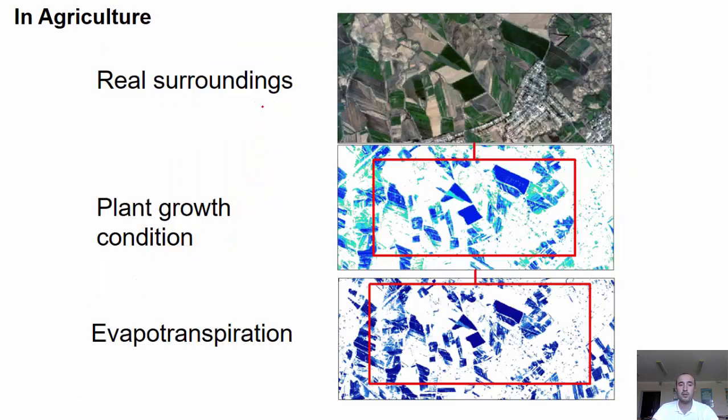Also we can use GIS technology in order to show real surroundings and plant growth condition, as well as evapotranspiration.